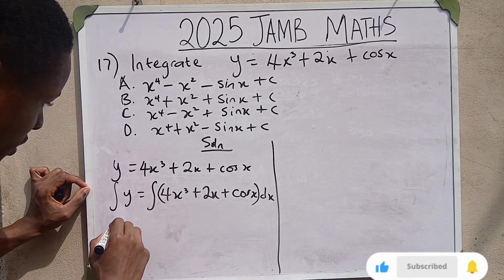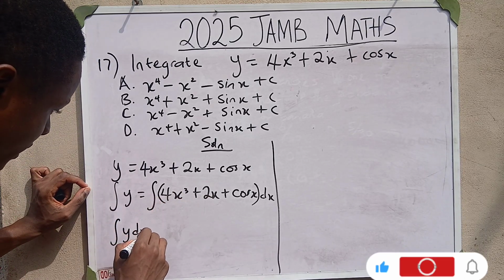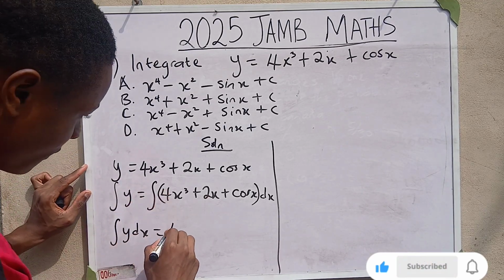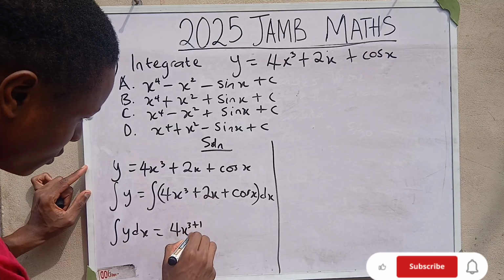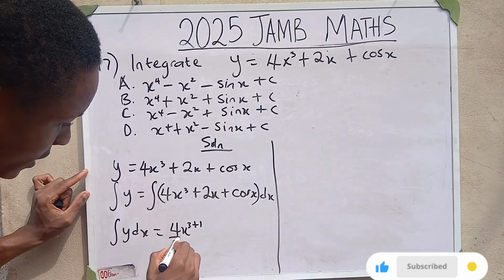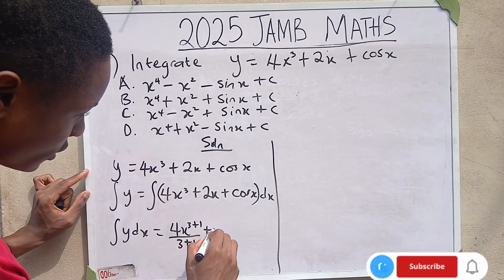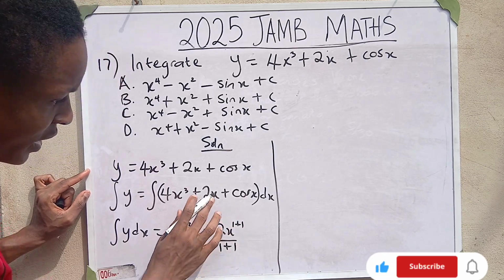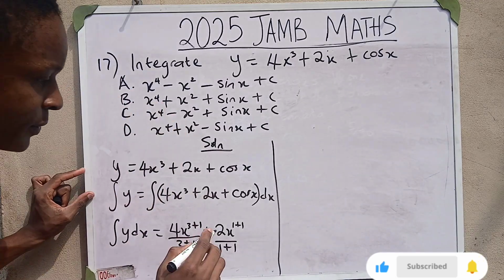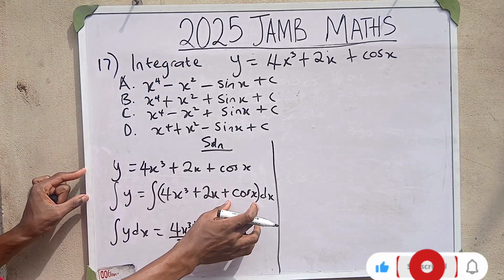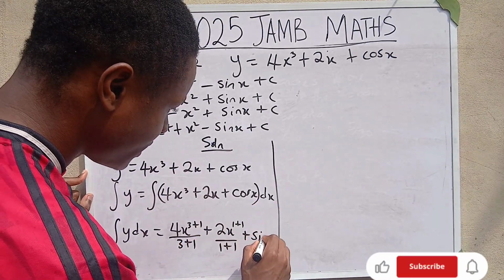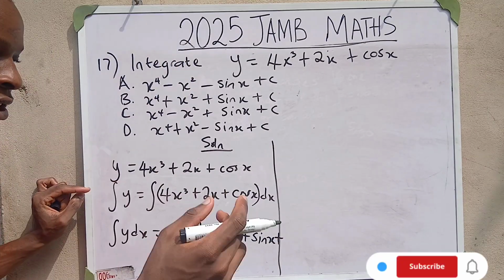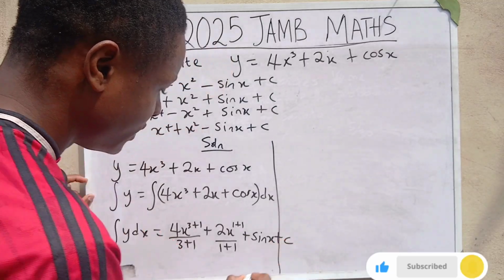So we have the integral of y dx is equal to, integrating 4x cubed, we have 4x to the power 3 plus 1 all over 3 plus 1, plus 2x to the power 1 plus 1 all over 1 plus 1. x is the same as x raised to the power 1. Plus integrating cos x, we have sine x plus the constant. When we integrate, we always add the constant c.